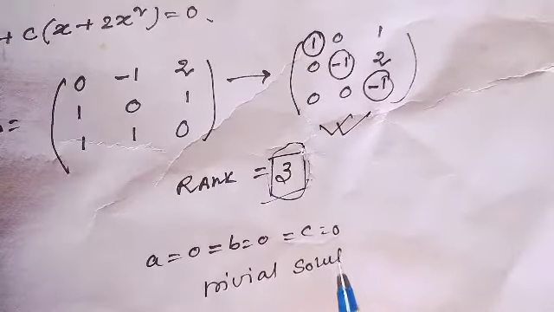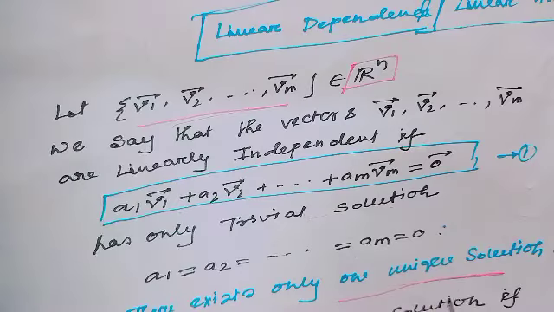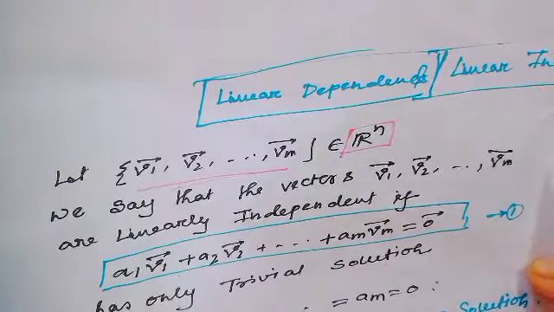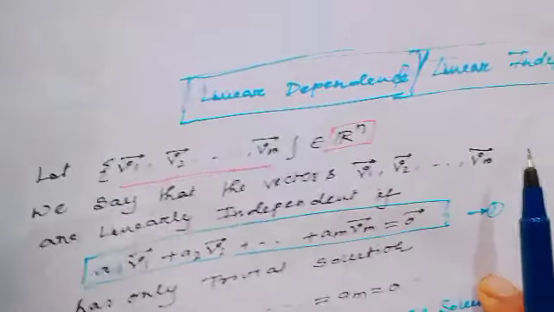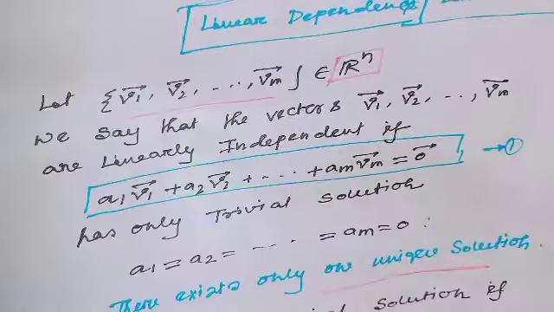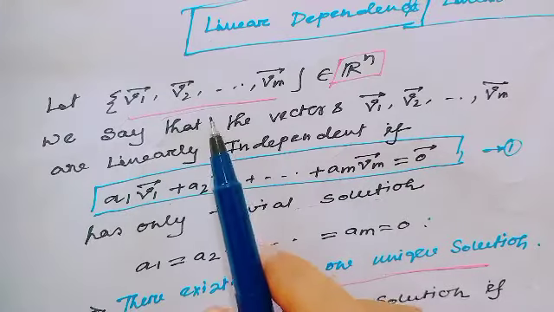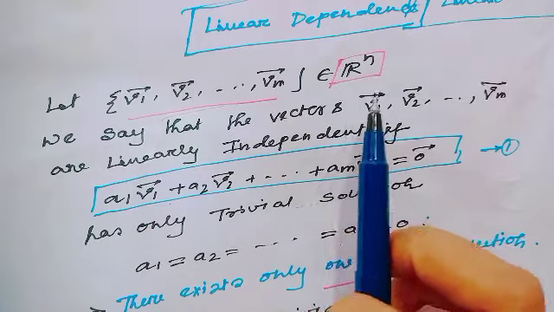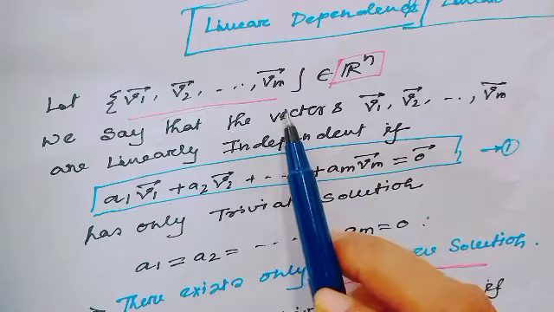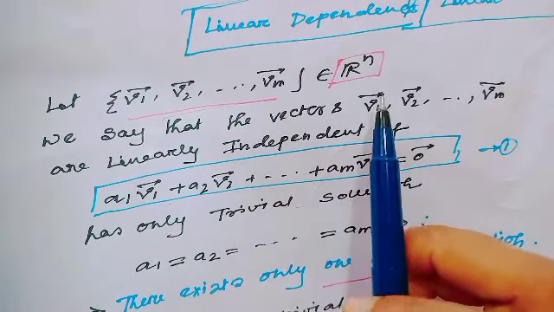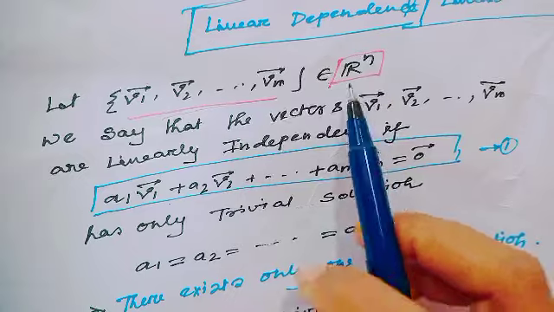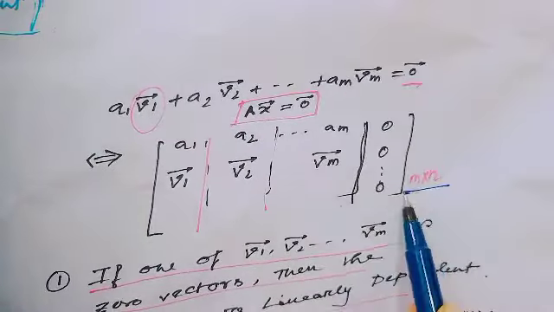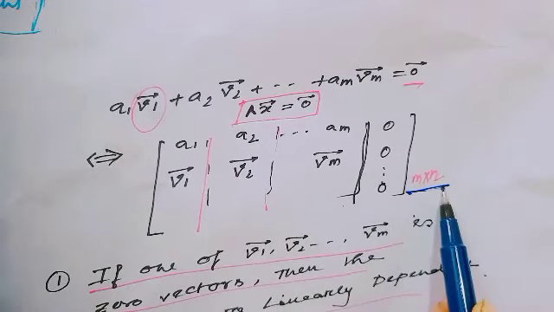Are you getting? I will define another method to find linear dependence and independence of a set. Here one thing noticeable: v1, v2, ..., vm belong to Rn. Here there are m vectors belonging to Rn, so the reduced matrix is an m cross n matrix.